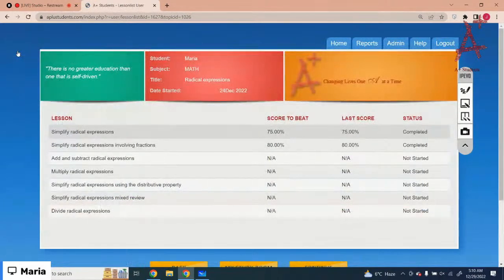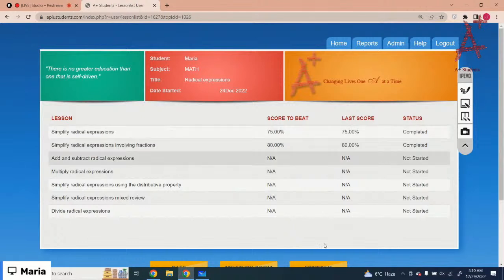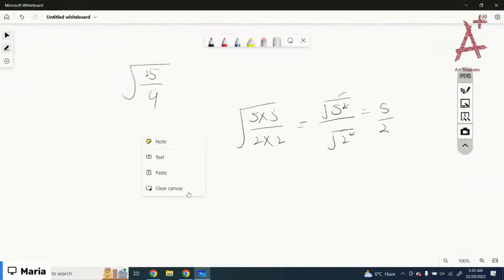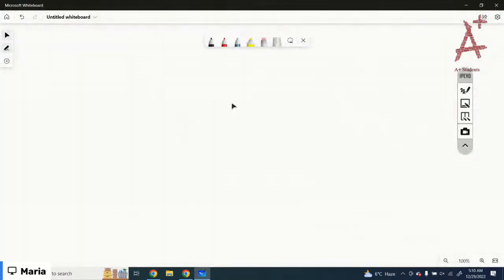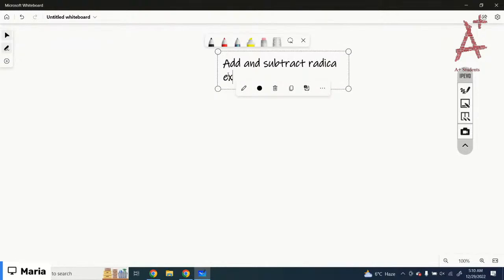The next lesson is add and subtract radical expressions.